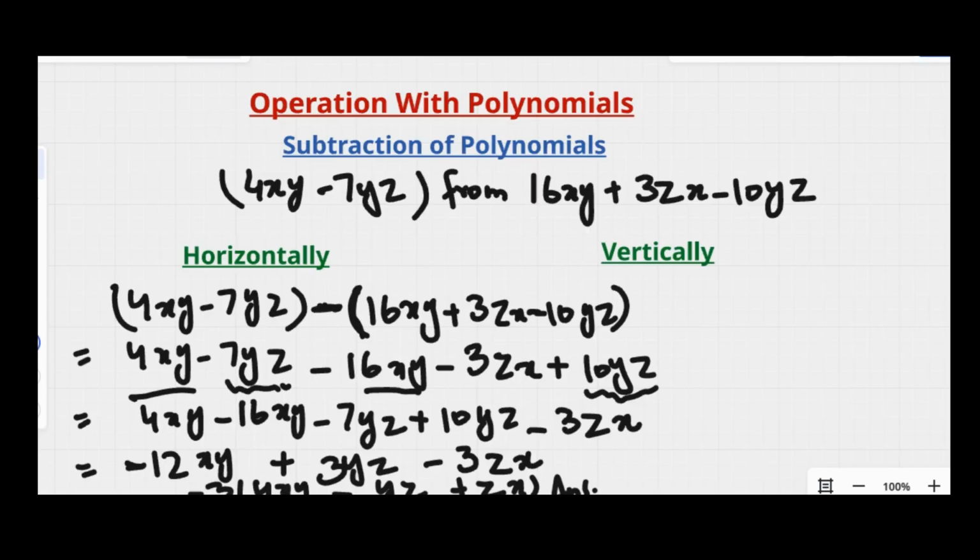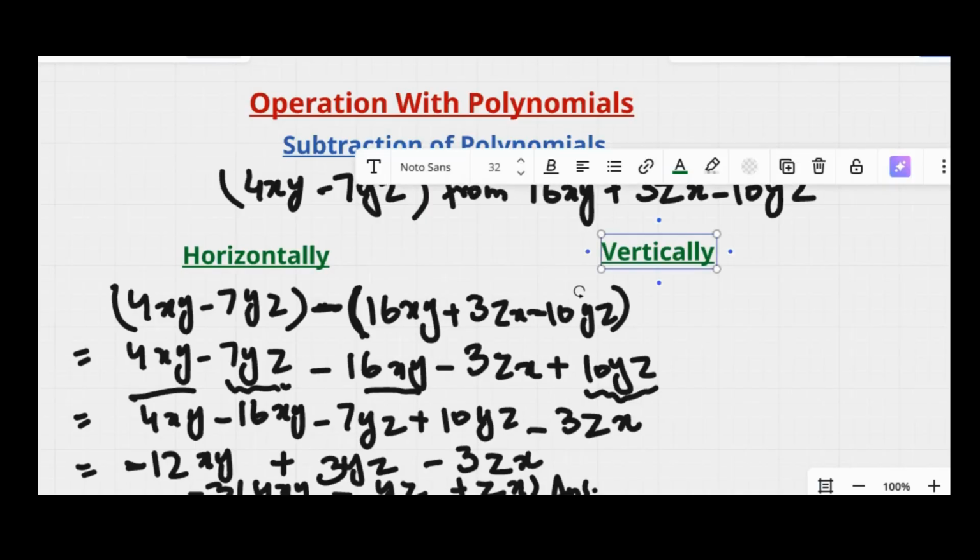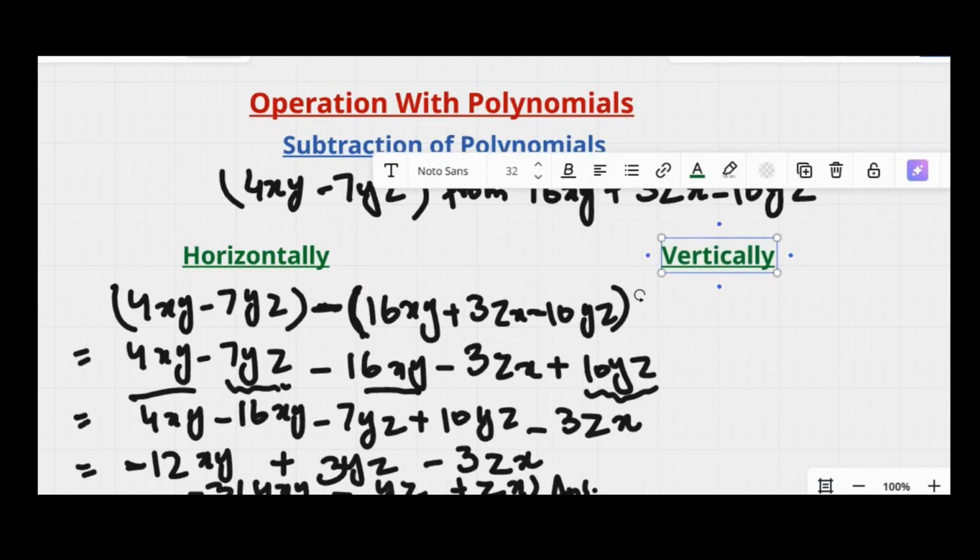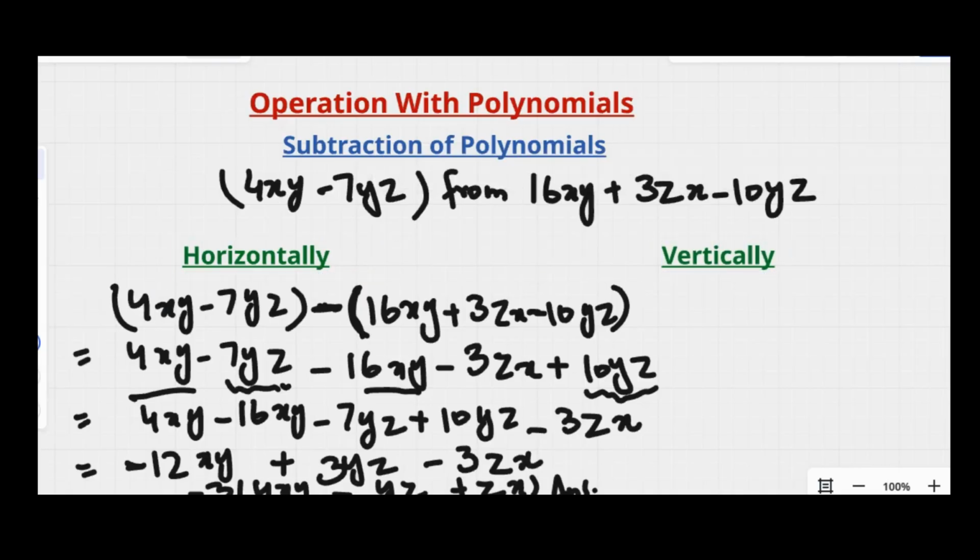By the second method, we can do it vertically. Now I am arranging the values vertically. We have to subtract 4xy minus 7yz from this value.